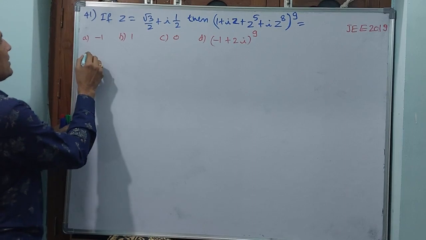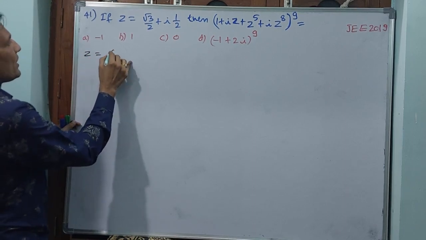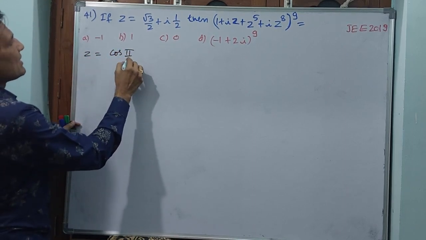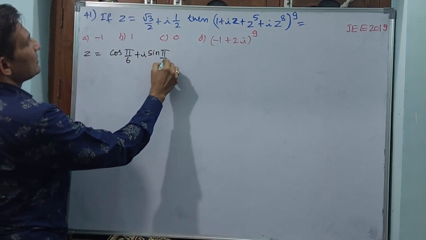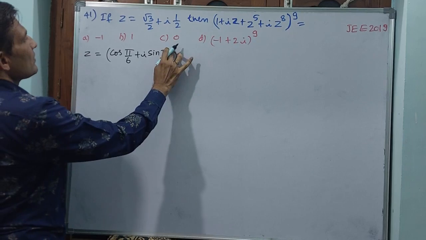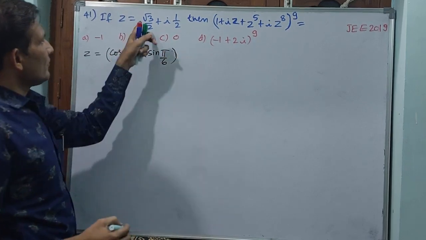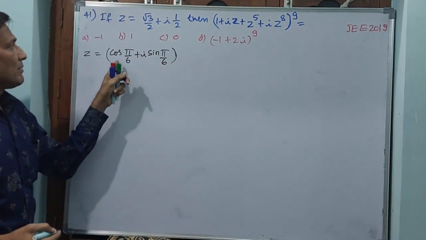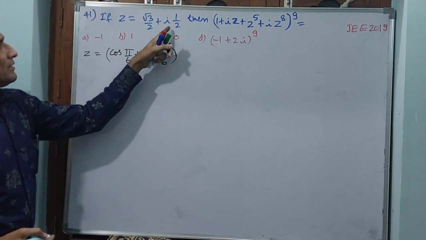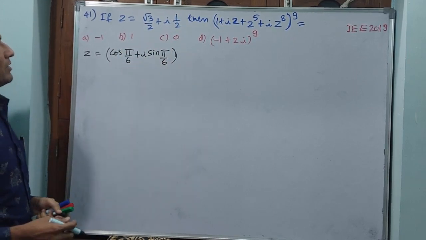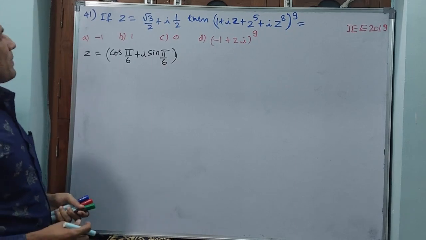You see what I am writing? z is equal to cos pi by 6 plus i sin pi by 6. Is it okay? Z value. Definitely okay. Why? Because cos 30 is root 3 by 2, sin 30 is 1 by 2, pi by 6.